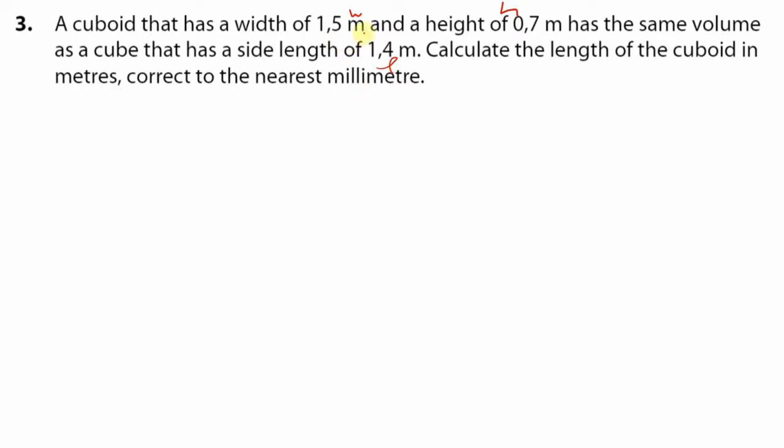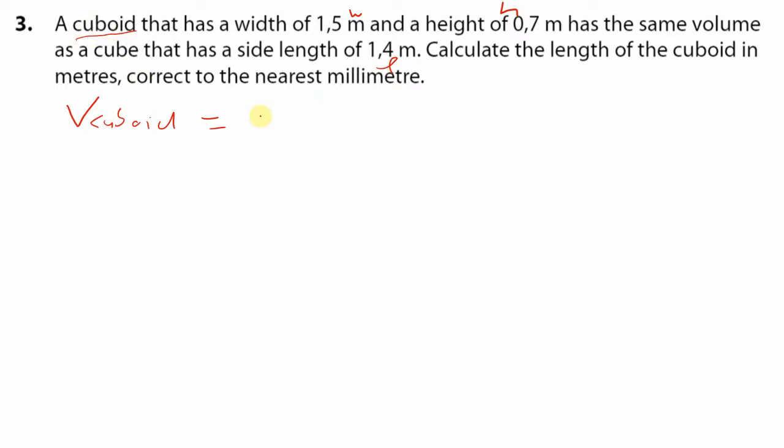Okay, so let's first think of our cuboid. So cuboid, to calculate the volume of that cuboid, we know we first take the area of the base. So the base in this case is a rectangle.